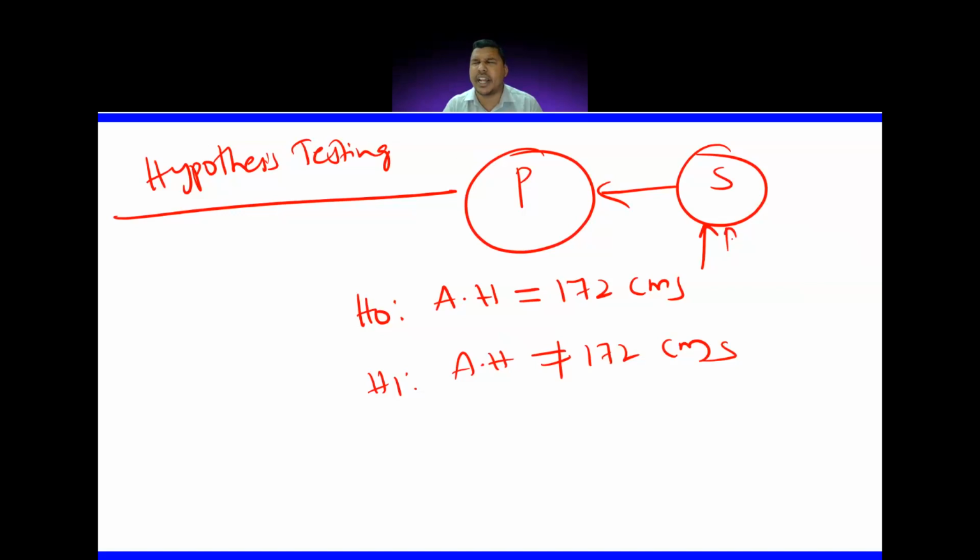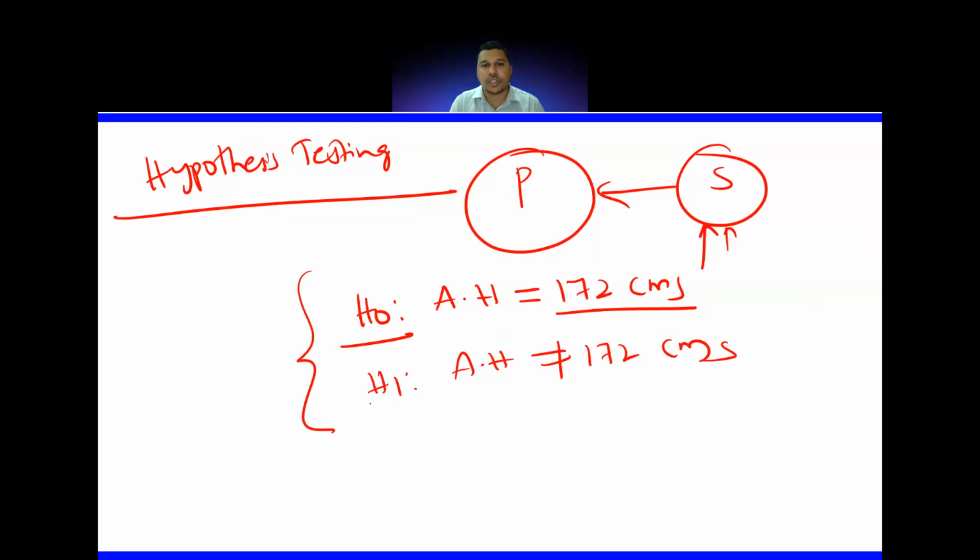You have taken sample data, and from the sample data you are saying that the average height is 172. This is not from the population's data. It is from the sample data. And I am making a claim on the population. That's what I said. Any statement made on the population based on sample statistics can be called a hypothesis.